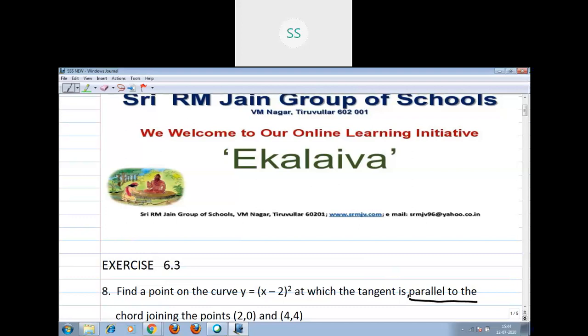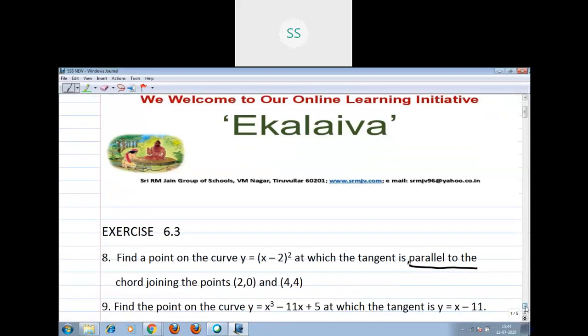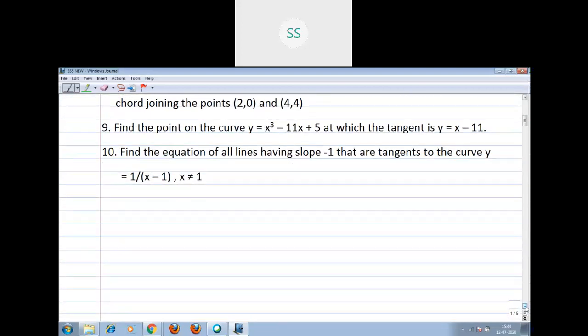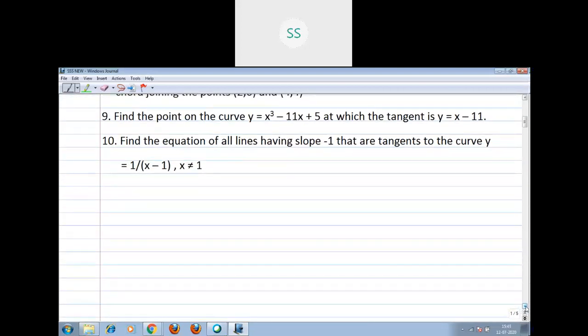Now I'm going to move to the solution part. Question number 8, solution. Given: the tangent is parallel to the chord.